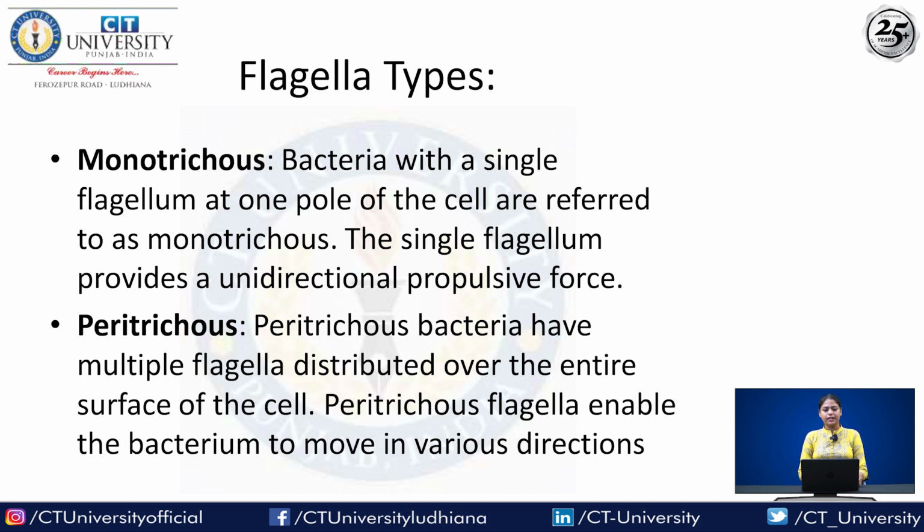Next, flagella types. Firstly, monotrichous. If only one flagellum is present on the bacterial body, we call the bacterium monotrichous. Second is peritrichous. A lot of flagella are present all over the bacterial body, which allows the movement of bacteria in various directions, like unidirectional, bidirectional, or in any direction.